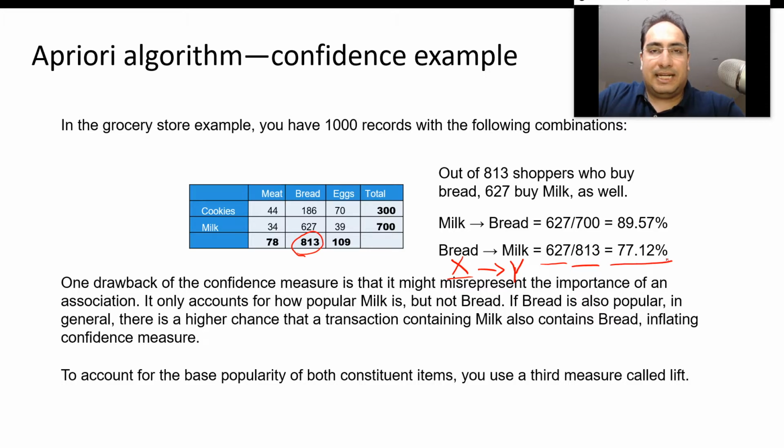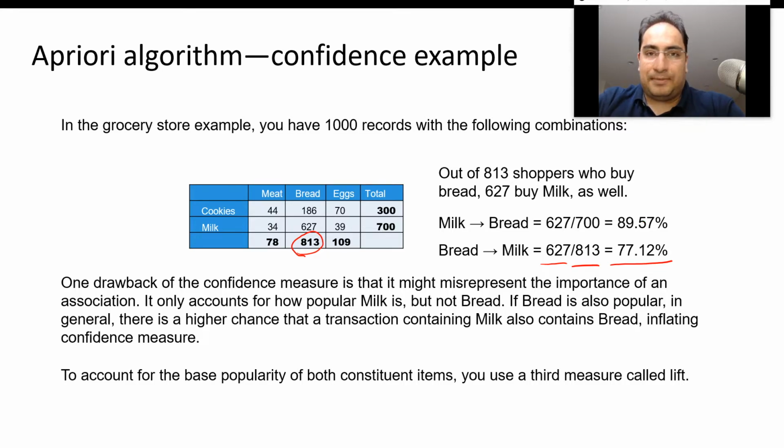When we calculate that, we see that although milk and bread were bought together many times, which makes them a frequent itemset, the confidence that milk is bought when bread is bought is actually 77%, and the confidence that bread is bought after someone buys milk is about 90%.